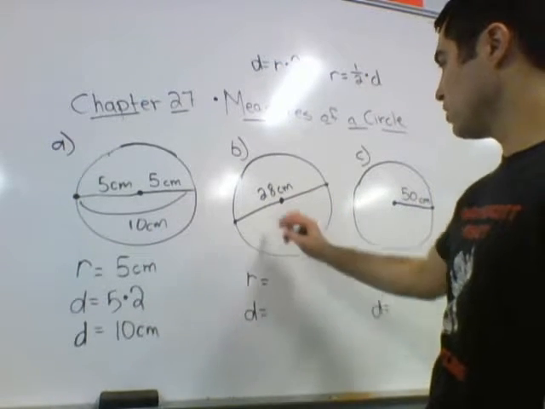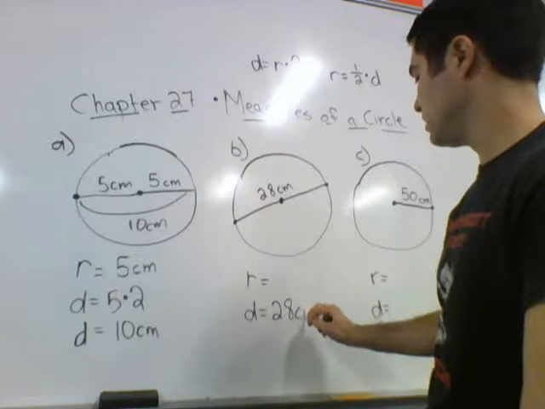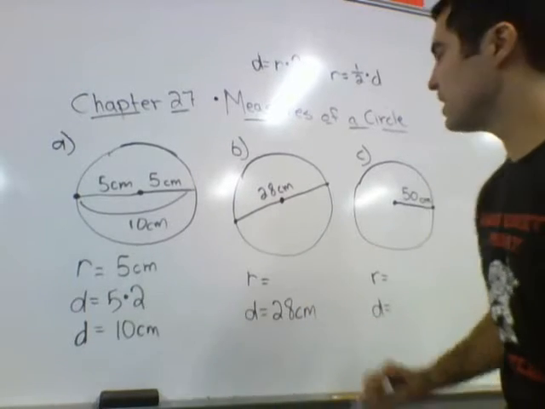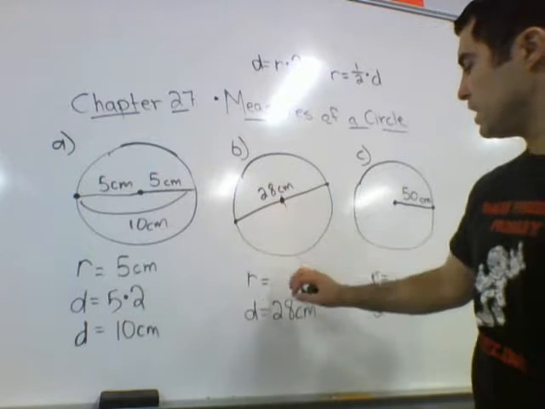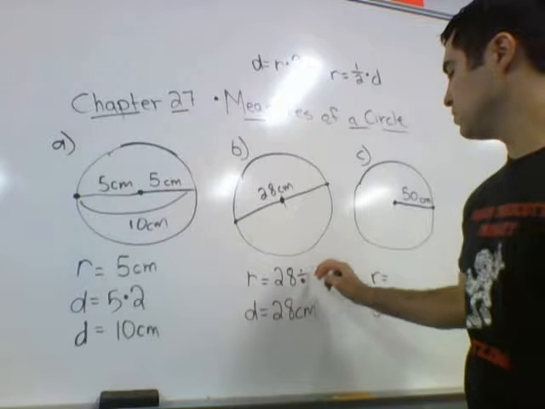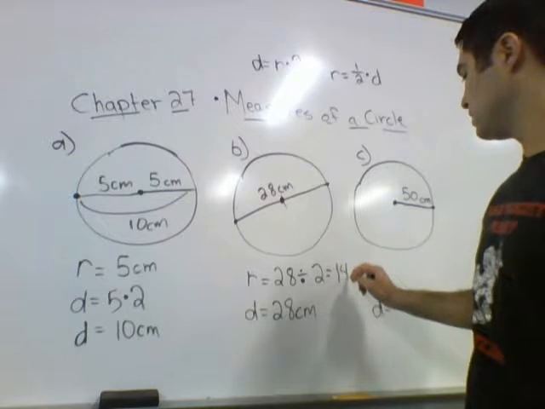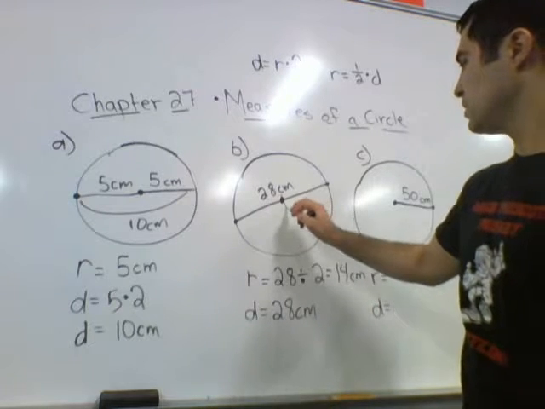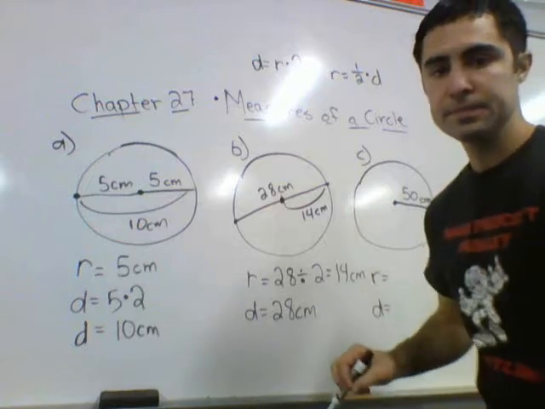So our diameter, we already know, is the distance across, which is 28 centimeters. And if you cut that in half, you have a radius. So 28 divided by 2, your radius is going to equal 14 centimeters. Okay, so from there to there is 14 centimeters.